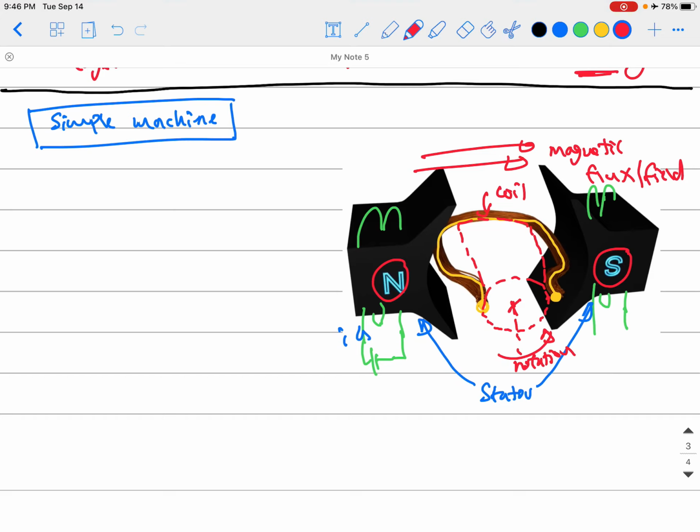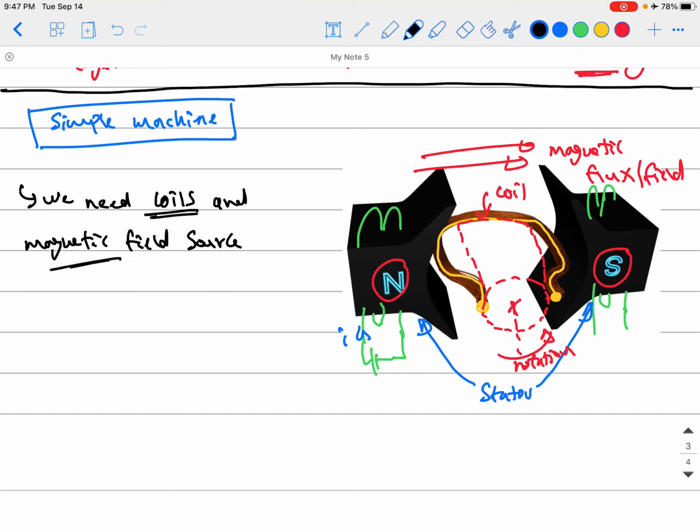To build any kind of machine, we need a coil and a magnetic field source. You need a coil that will carry electricity and a magnetic field where the energy conversion process happens. And now you can have rotation.